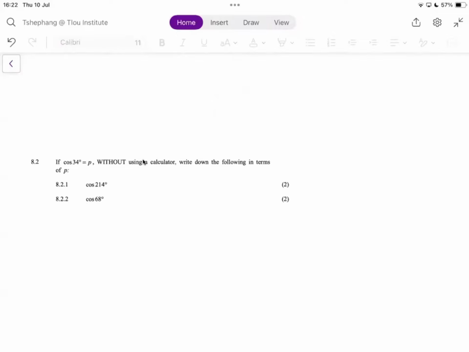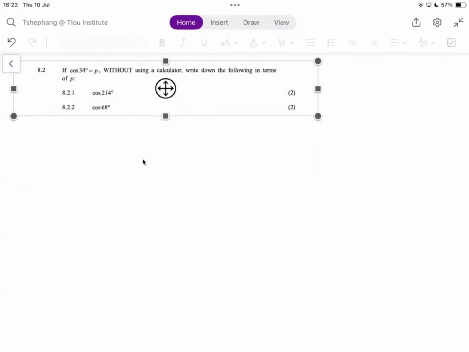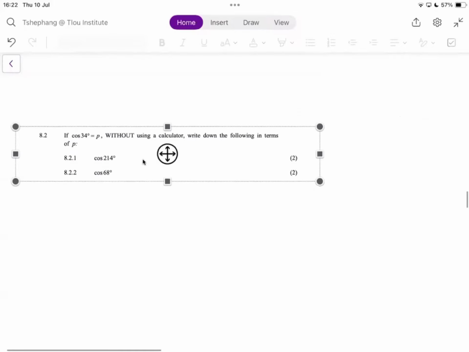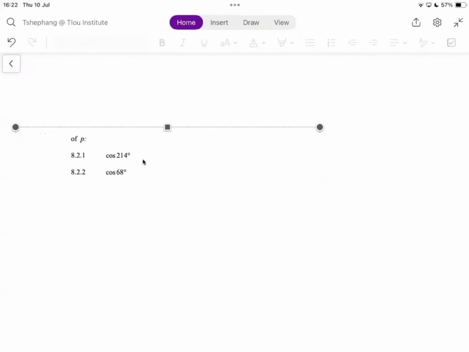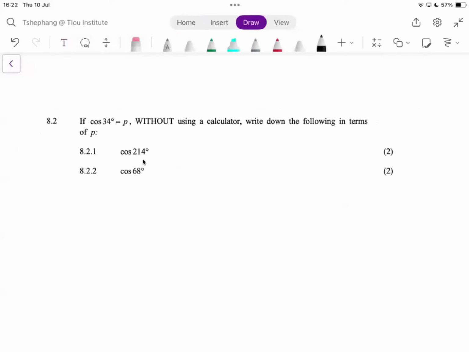Now, cos of 34 is equal to P, right? Without using a calculator, write down the following in terms of P. First one is they want cos of 214. Okay, how do we deal with such questions? It shouldn't be a problem at all.